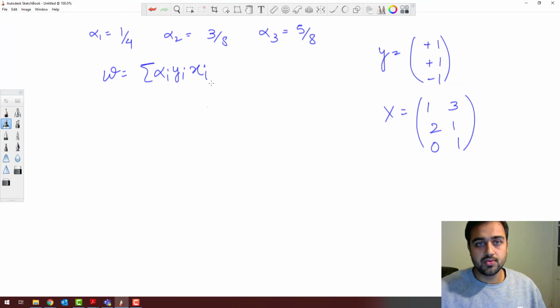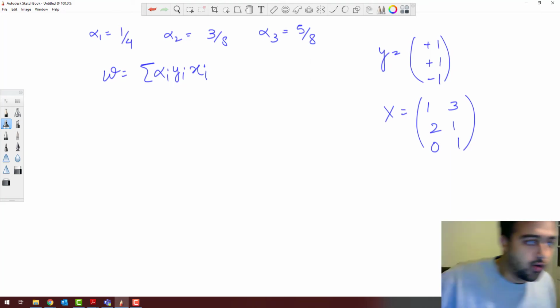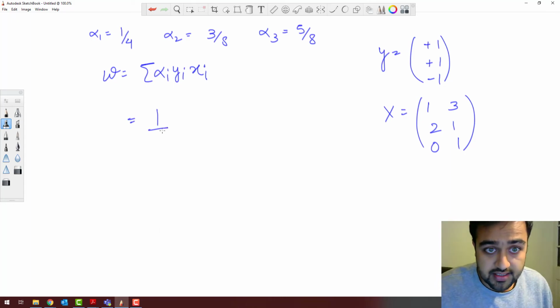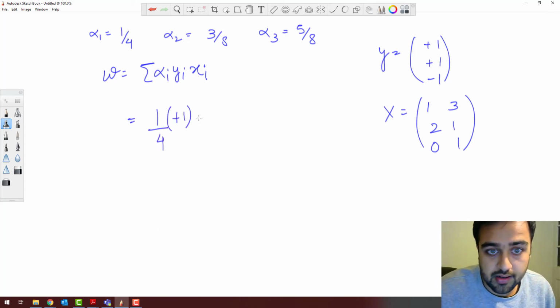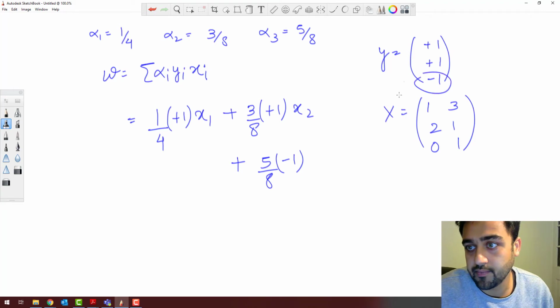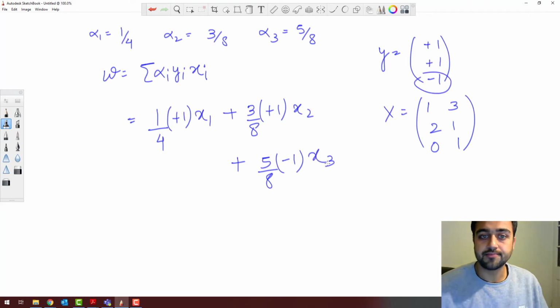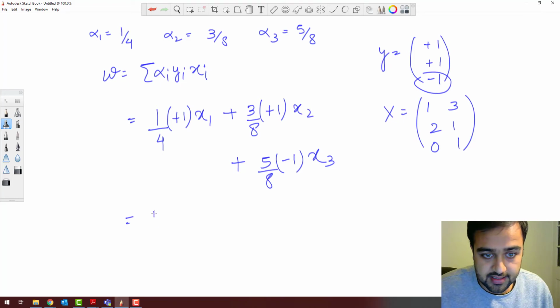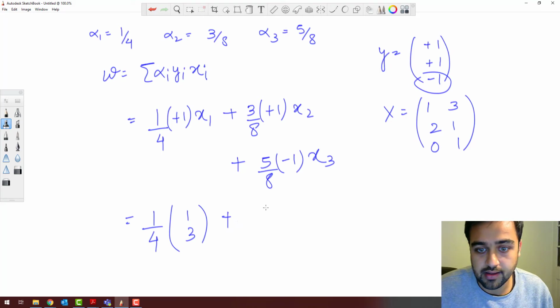So using these values, we can now proceed to find our value of w. Now how do we do that? This is 1 by 4 into plus 1 into x1, right? Plus 3 by 8 into plus 1 into x2 plus 5 by 8 into minus 1 into x3, right? So this is equal to 1 by 4. X1 is 1 comma 3.